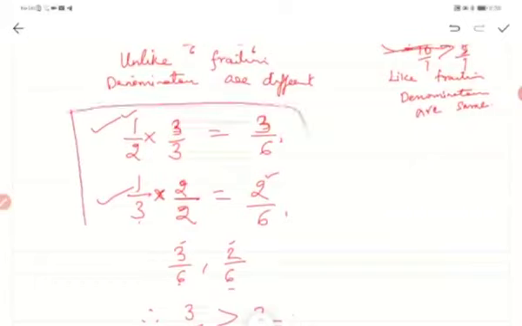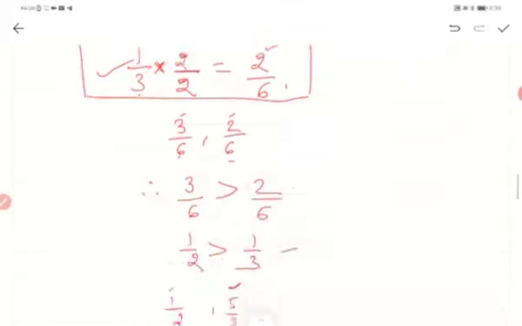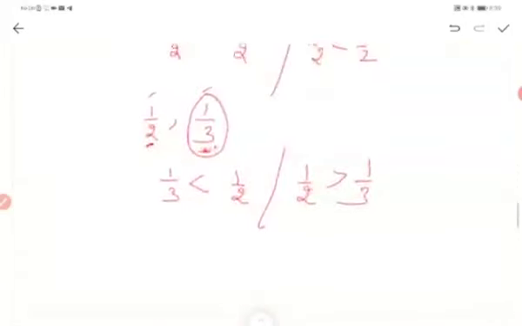Either you can do this, or its easiest method, just remember, is one point: if both the numerators are equal, when you compare denominators, the number which is greater in the denominator is lesser than the other number.